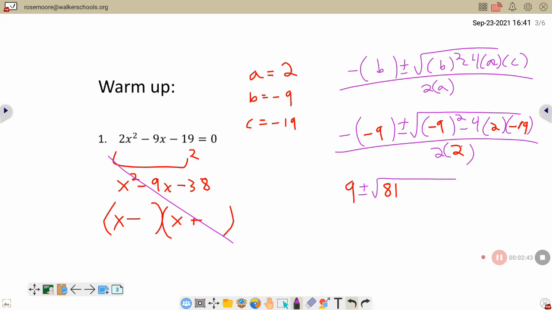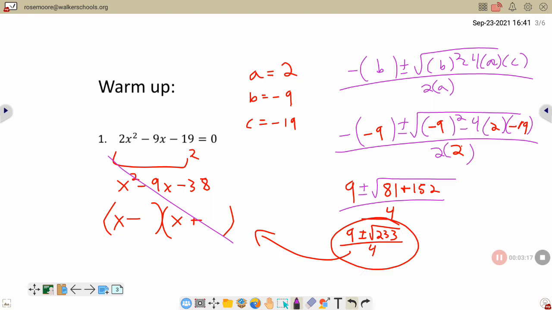And negative 4 times 2 times negative 19 is a positive 152, all over 4. So 81 plus 152 is 233, which is an irrational number, which is why that doesn't work. So there's my answer. That's all I had to do.